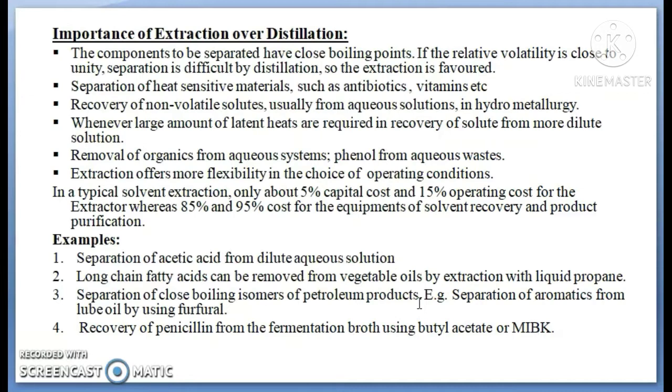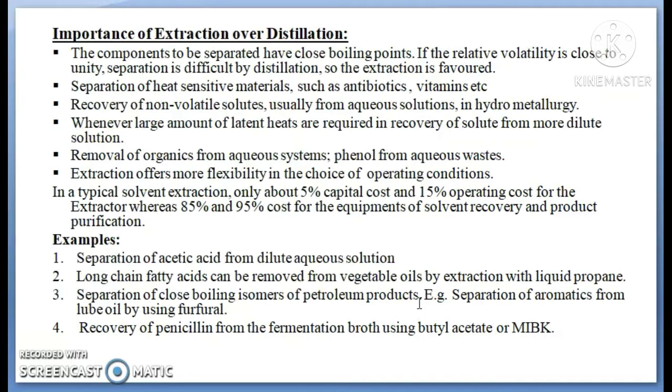In a typical solvent extraction operation, only about 5% of the capital cost and 15% of the operating cost is involved for the extractor, whereas 85% of the capital cost and 95% of the operating cost is required for the equipment for solvent recovery and product purification.